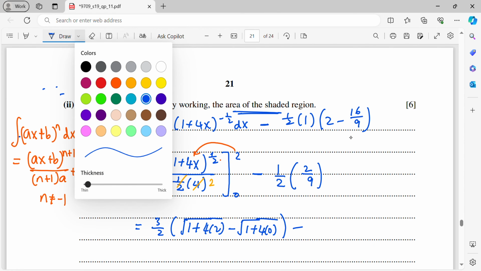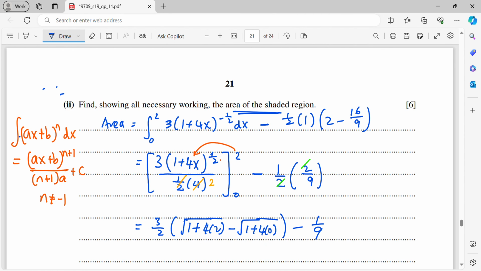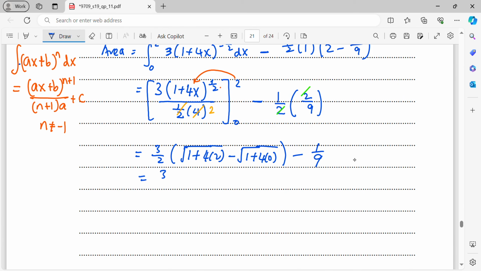Then for the second term, the half and 2 cancel off. You are getting 1 over 9. Then now here, I will get 3 over 2 times square root 9, which is 3, minus the other one is square root 4, which is 2. So this is 3 over 2 minus 1 over 9. So at last, you will be getting, let me check. Oh, sorry, I overlooked the second term. Because 4 times 0 is 0, so this is basically square root 1. So here square root 1 is 1.